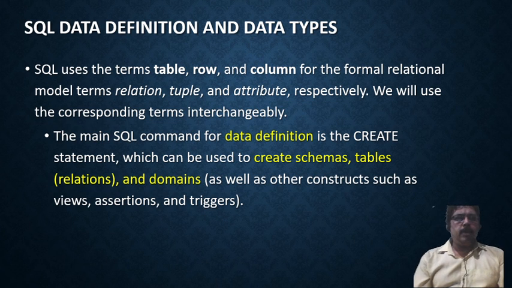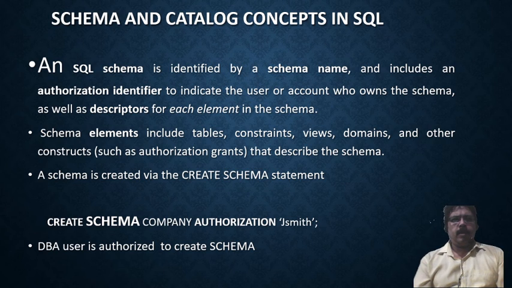As a part of this DDL, we will try to understand what data types we are using. Before going to data types, we will have a brief overview of schema and catalog concepts in SQL.